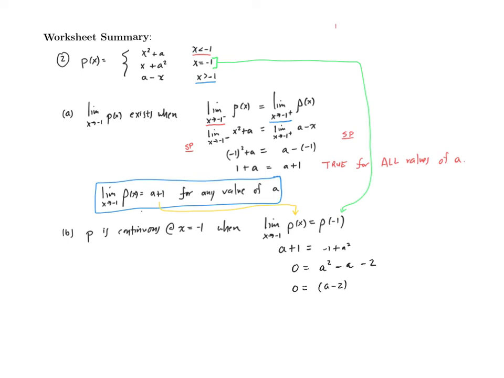This is a minus 2 times a plus 1. So there's two possibilities: a equals 2 or a equals minus 1. So our conclusion is the function p is continuous at x equals minus 1 only when a equals minus 1 or a equals 2.